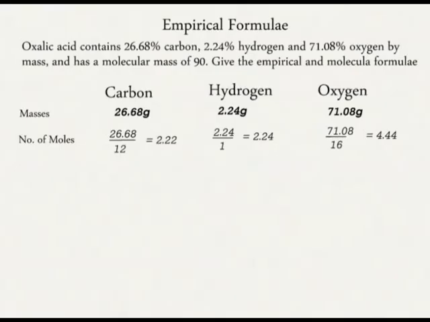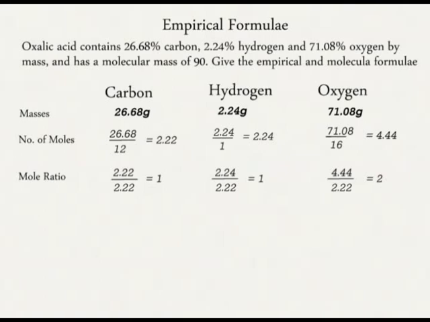Now we obtain a whole number ratio for the moles. We divide by the smallest, that is 2.22 moles. So for carbon, 2.22 divided by 2.22 is 1. Hydrogen, 2.24 divided by 2.22 is roughly 1. And for oxygen, 4.44 divided by 2.22 is 2.